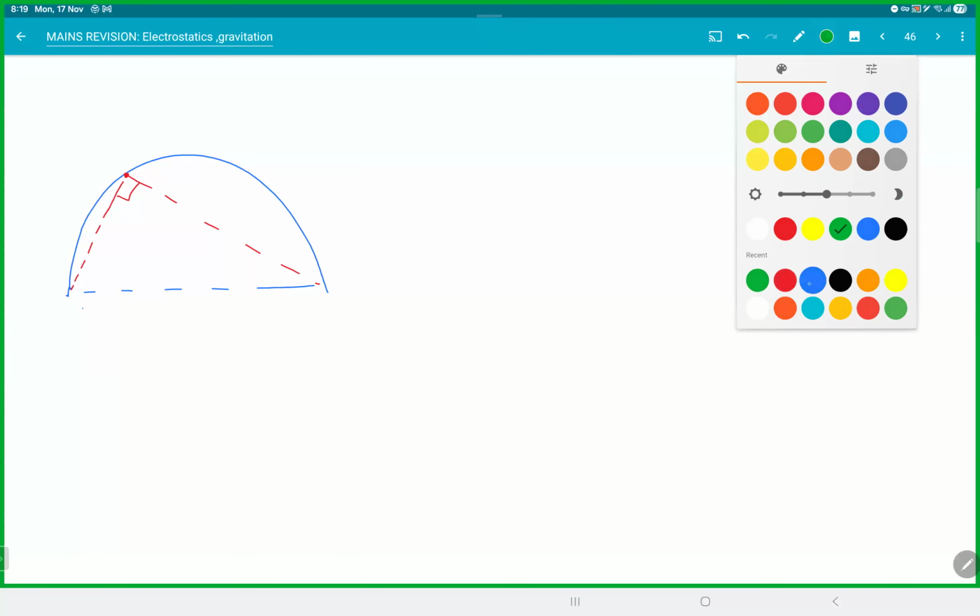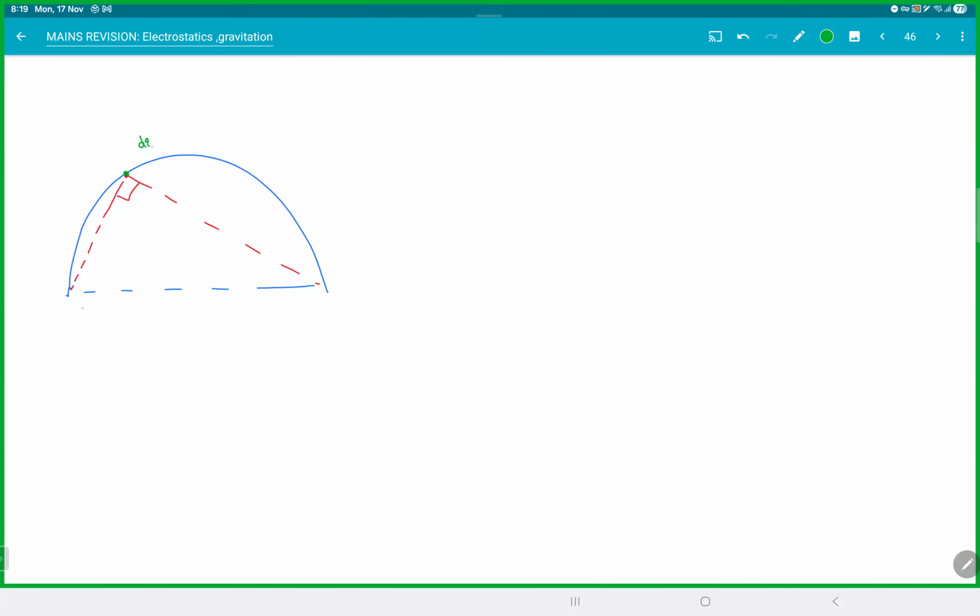So if you take a small dq charge, what will happen to the field lines? One fourth of the field lines will pass through this region, isn't it? Making sense? Because think of it like this.